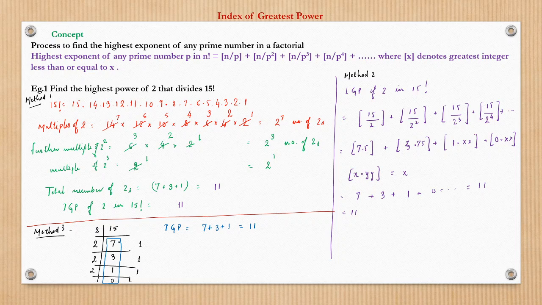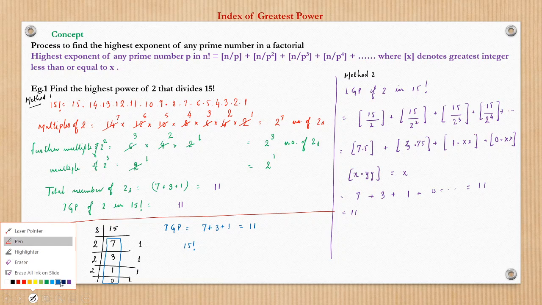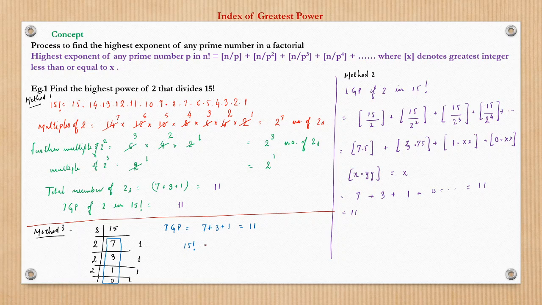The same way we have to divide the number, writing the quotient and the remainder. We'll add the successive quotients, and the sum of those quotients would be nothing but IGP, right? So this is the way. Basically, if we have to find IGP of 15 factorial, we first divide 15 by 2 and get 7.